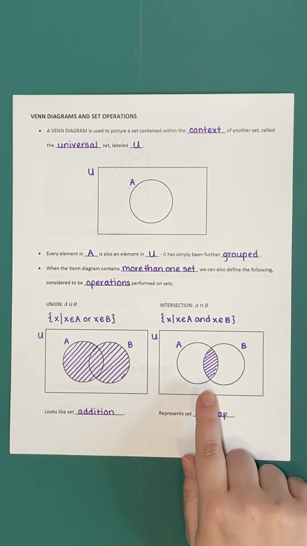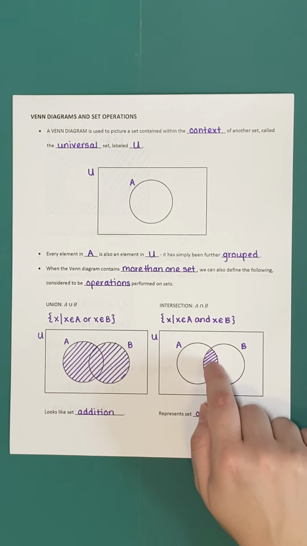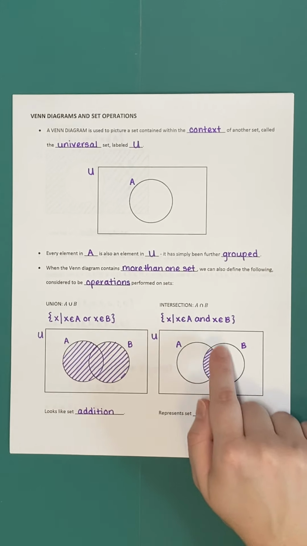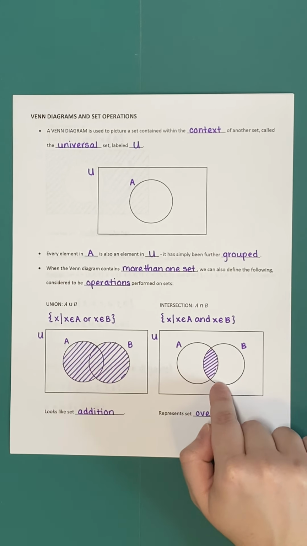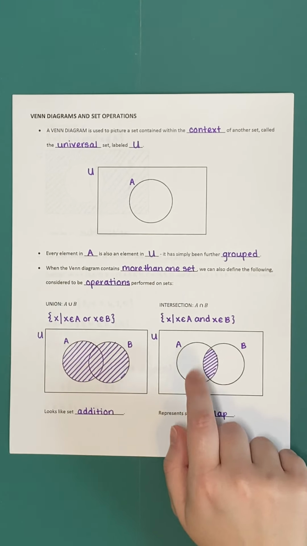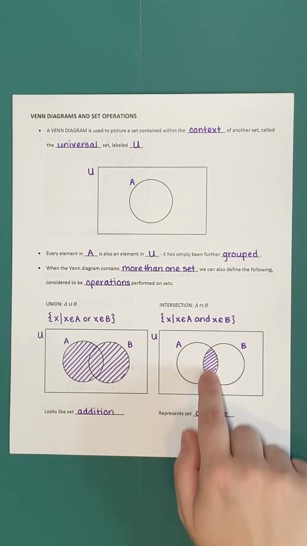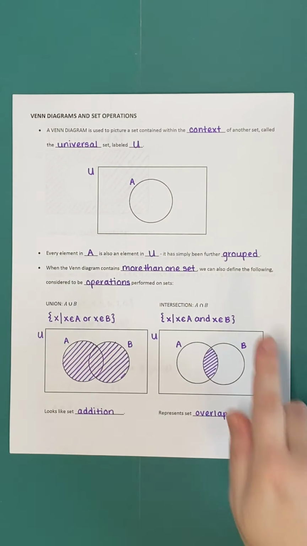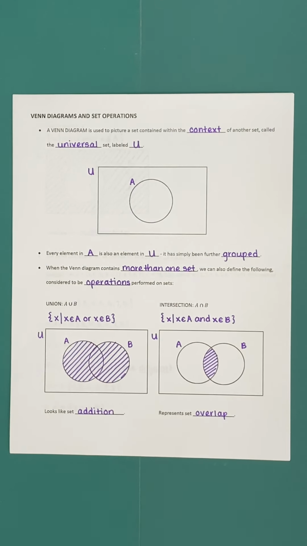If we were going to think of that in terms of the Venn diagram, that's going to be the section and the set of elements that are contained in both A and in both B. That's the set overlap. That's where the two sets intersect. It's where they cross over. So any elements considered to be in the crossover, the business majors and the science majors, the ones who are majoring in both, that's going to be elements contained in the intersection of our two sets.